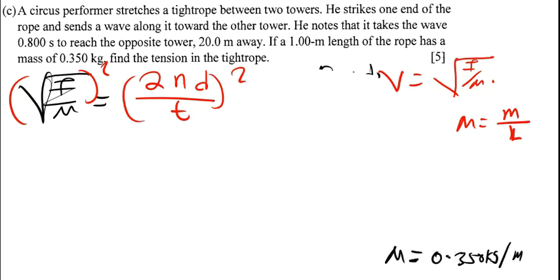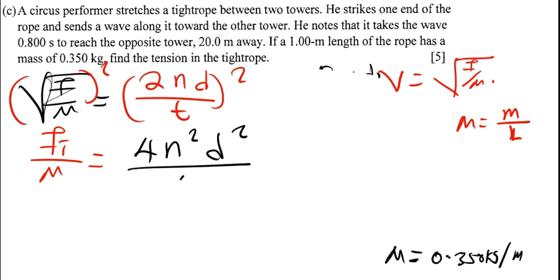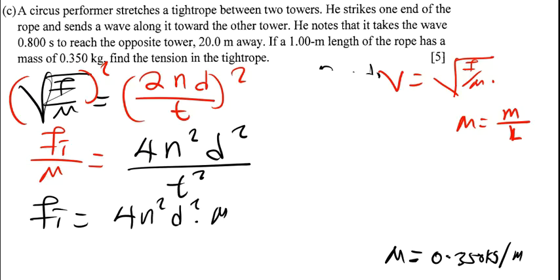So I'll end up having the tension force divided by mu equal to these ones. If I square them, 2 squared is 4, n squared is n squared, d squared is d squared, t squared is t squared. Meaning I can cross multiply. The tension force will be equal to mu times that, which is the same as 4 n squared d squared times mu divided by t squared.